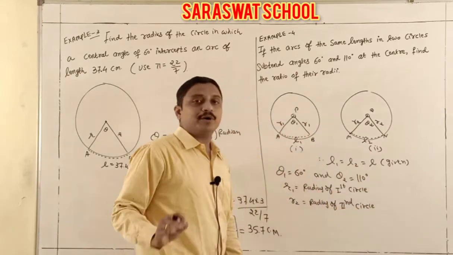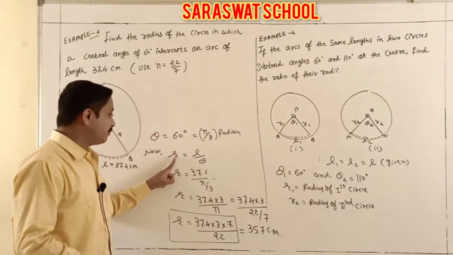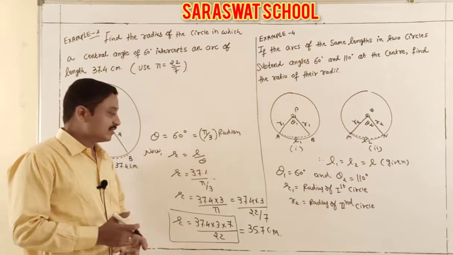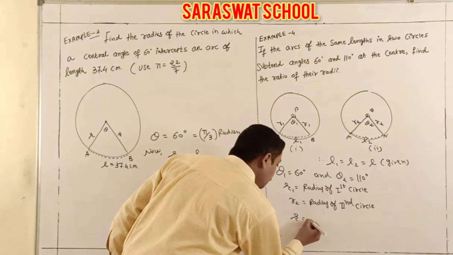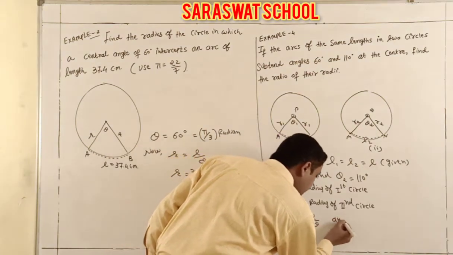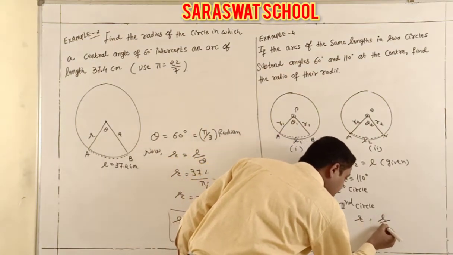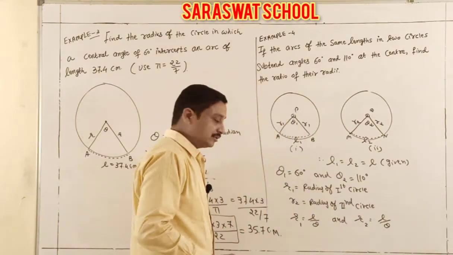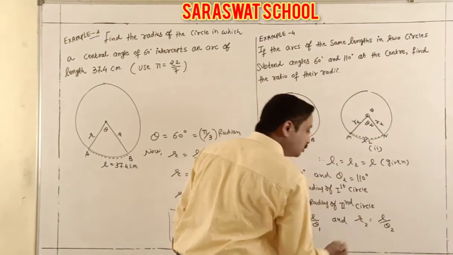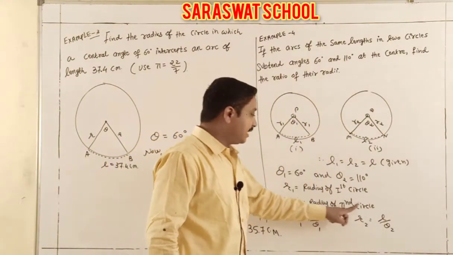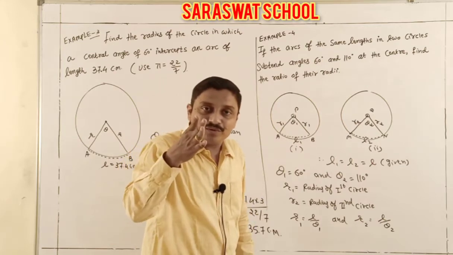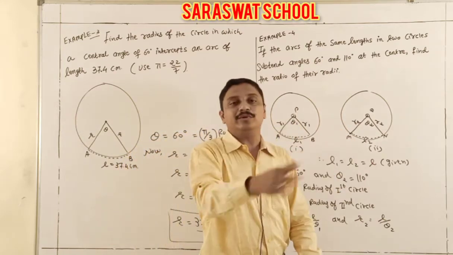We utilize this property: R is equal to L by theta. Here taking R1, R2, theta 1, theta 2, and L is the same for both. Now I start the ratio and easily our numerical is done.